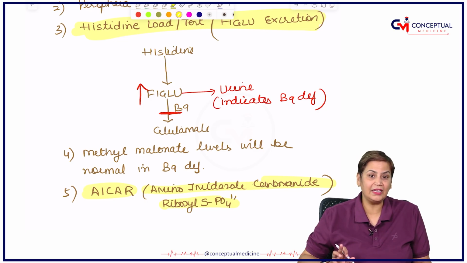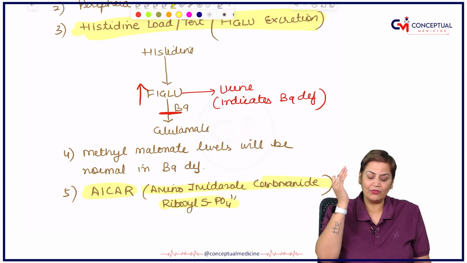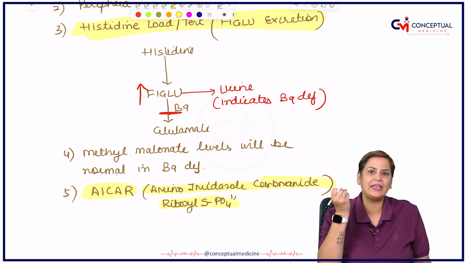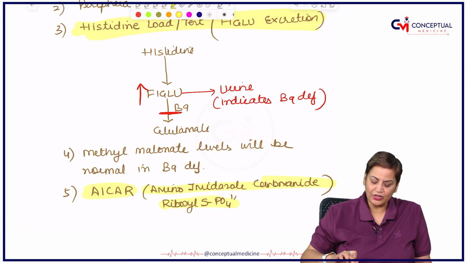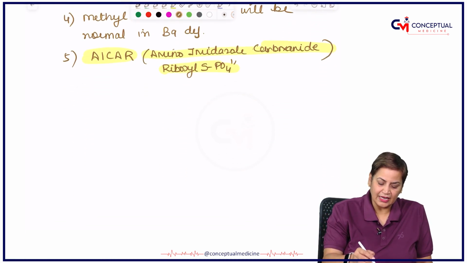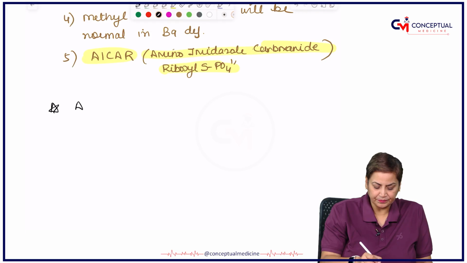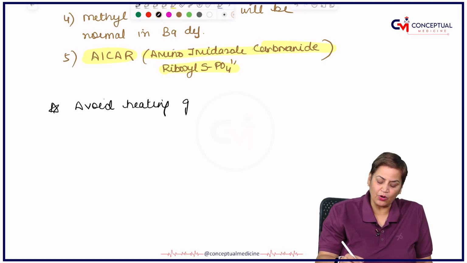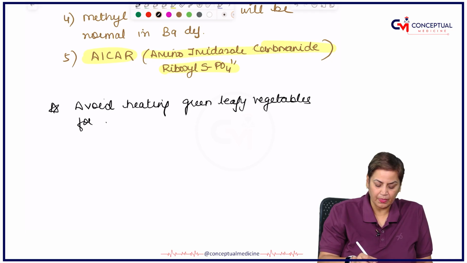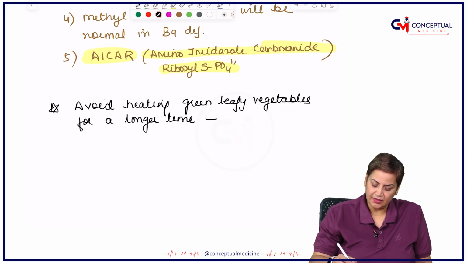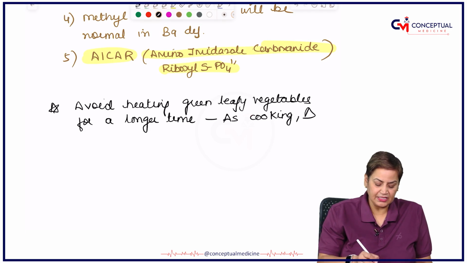And always keep one thing in mind, folate is actually present in green leafy vegetables. If we cook green leafy vegetables for a longer time, the folic acid efficacy will be destroyed. So we should avoid heating green leafy vegetables for a longer time, because cooking or excessive heat destroys folic acid.